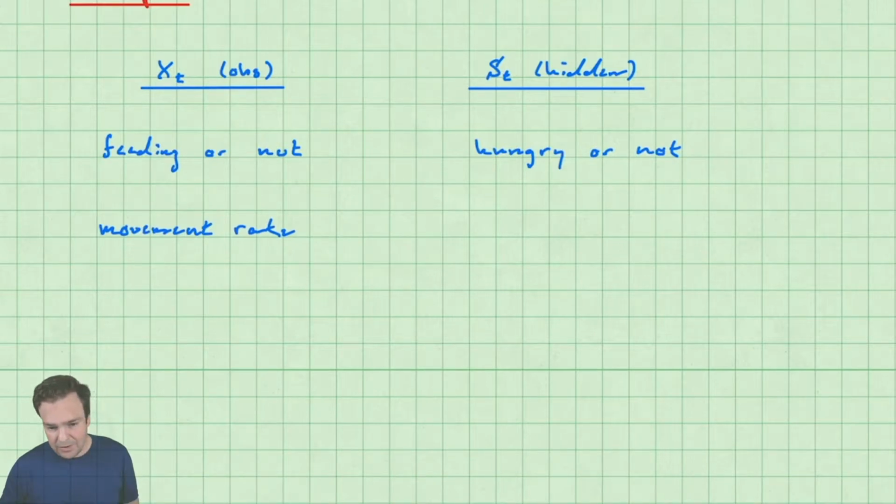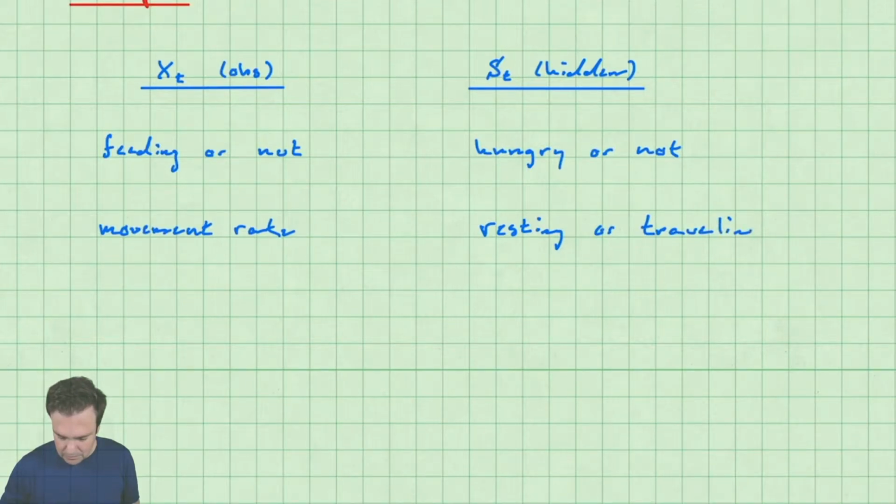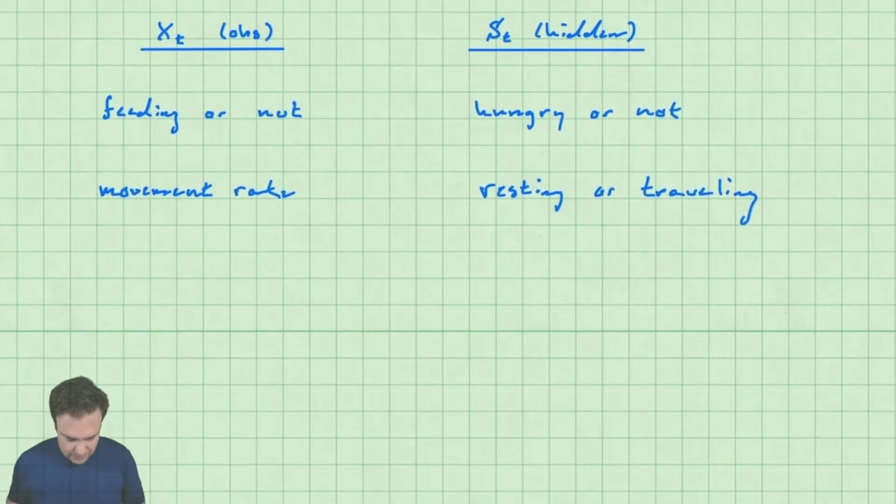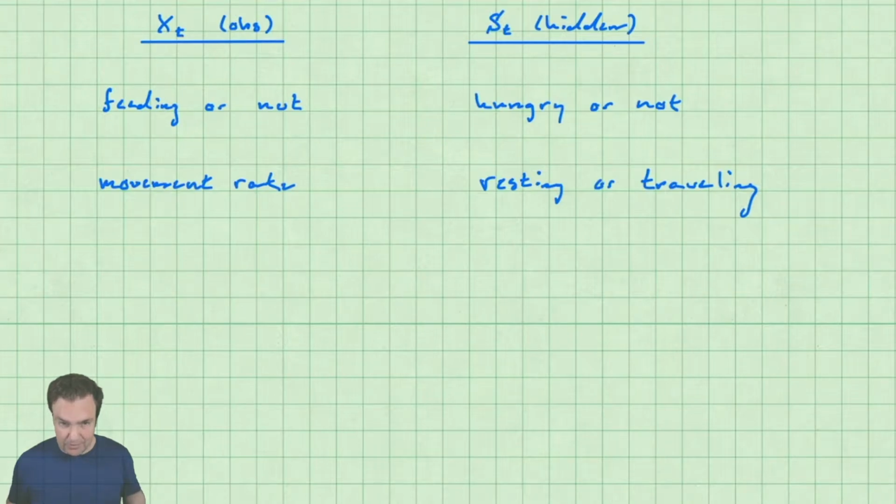And the hidden thing that would not be so easily measured would be, say, whether or not the subject was resting or traveling. So those are two different categories of movement, but maybe you don't know quite how to define them. But you suspect there's some hidden process going on.